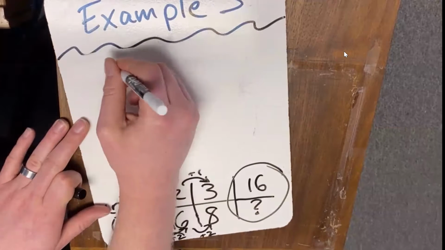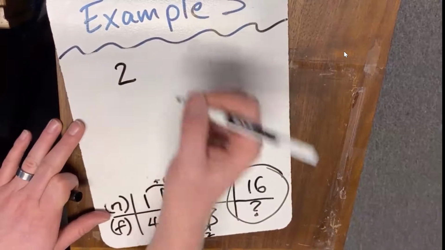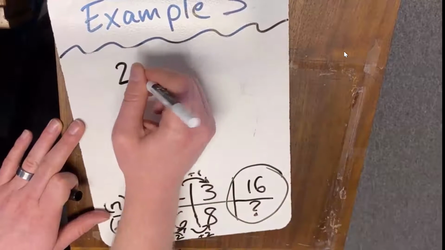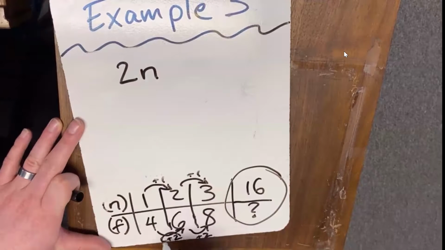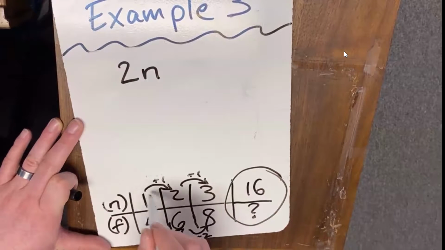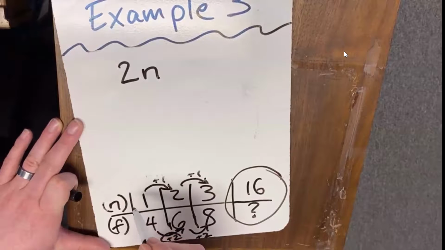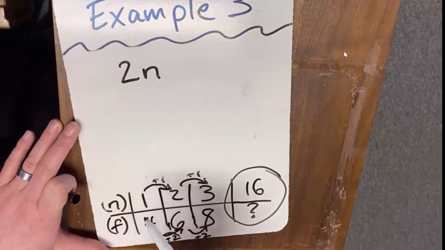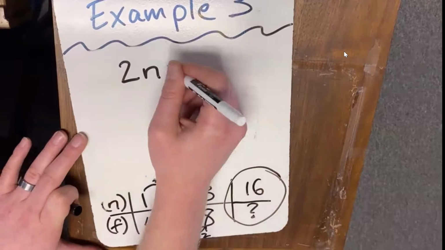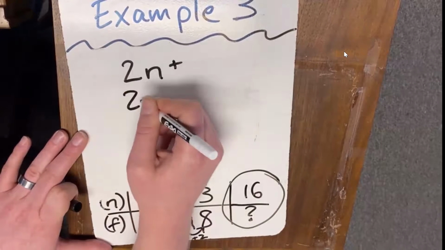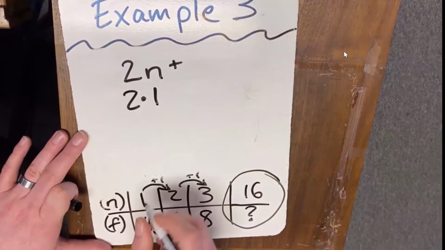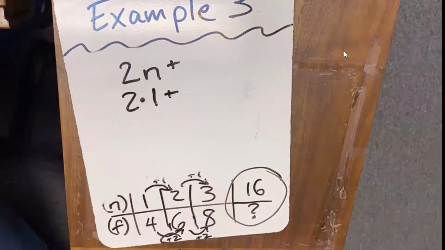That's going to be my change, and I have to do 2 times n, because my change is 2, and then times this n. Then I need to add a number, so it's going to equal my 4. So 2 times n, if I do 2 times 1, I need to add, hang on, I'm getting a phone call.